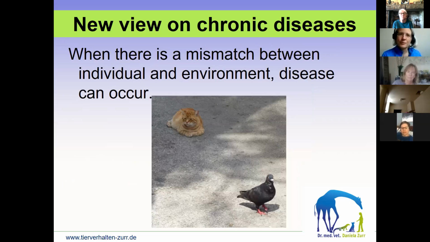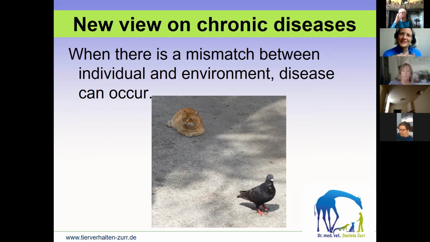So in summary, we have a much higher risk of disease if the individual and the environment they live in don't match very well. And with TTouch, we have many options to help the environment and the animal match better on one side.